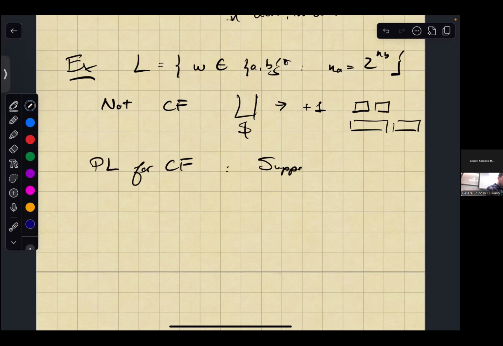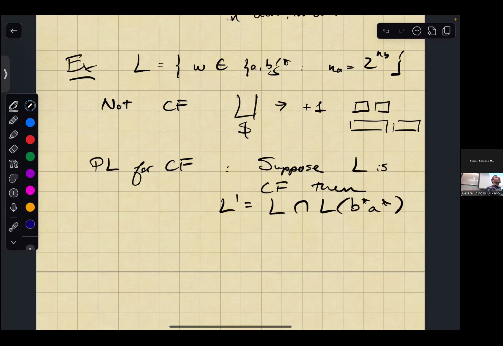suppose L is context-free, then L prime, which is L intersect the language of B star A star, right? This should also be context-free because context-free languages are closed under regular intersections, and this is a regular language, right?